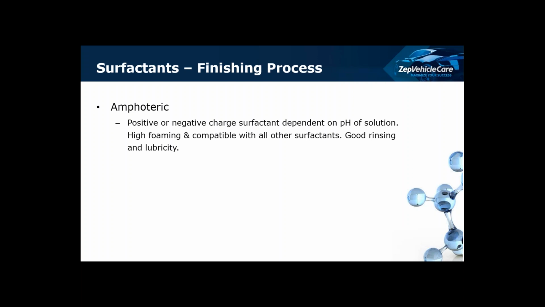If you put it in a formulation that is alkaline, as in a pre-soak, it's going to want to take on the characteristics of the surfactants we just talked about, anionic and non-ionic. It's going to want to lay flat so it can penetrate and clean, but it's not going to facilitate beading of water very well. It's high foaming, it's good lubricity, and it's compatible with all other surfactants.